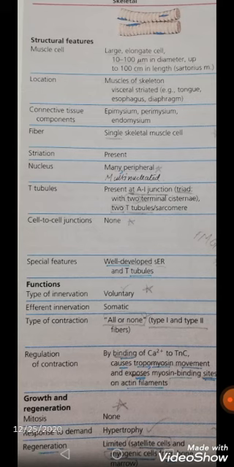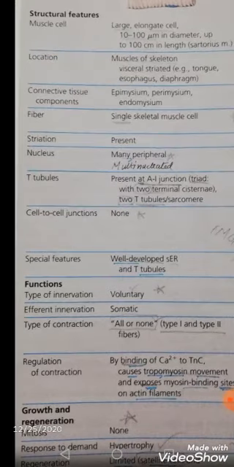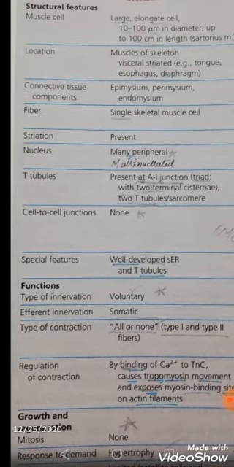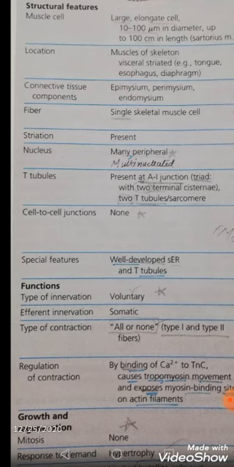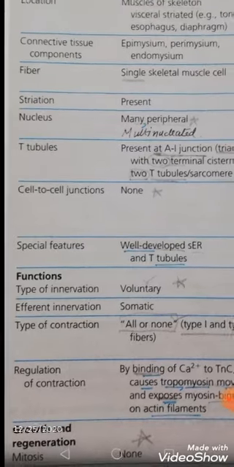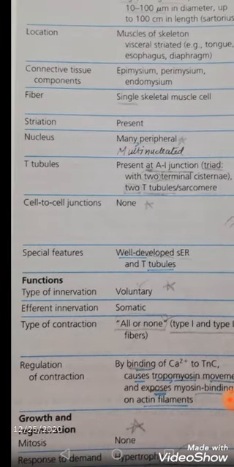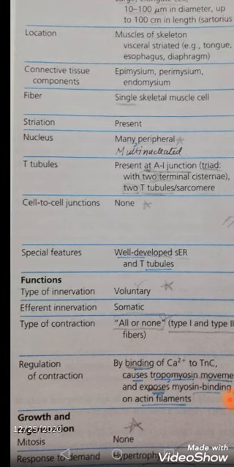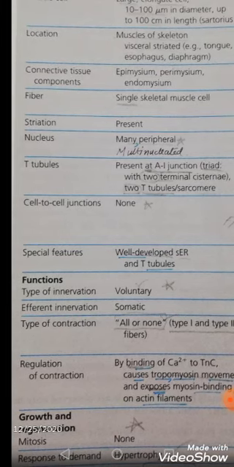And connective tissue, we have already mentioned the three types, and fibers are single because they are non-branching, and striation is prominently present. Nuclei are multiple, the T-tubule system is definitely there, we have just mentioned, and definitely non-branching, so no cell-to-cell junction you can find.